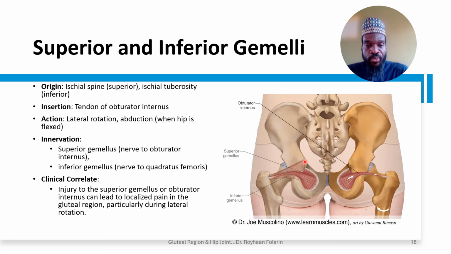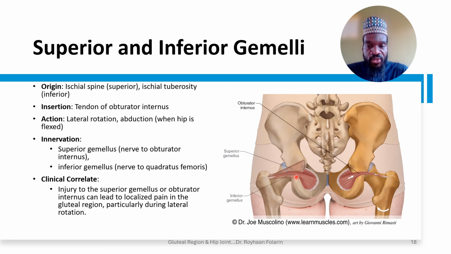That's where the superior gemellus arises from, while the inferior gemellus arises from here, which is part of the ischial tuberosity. They both go to insert on the tendon of the obturator internus.